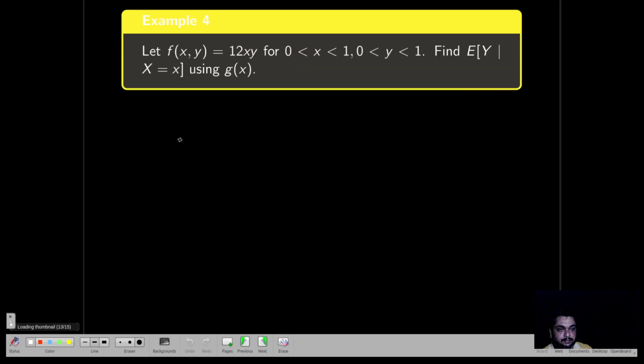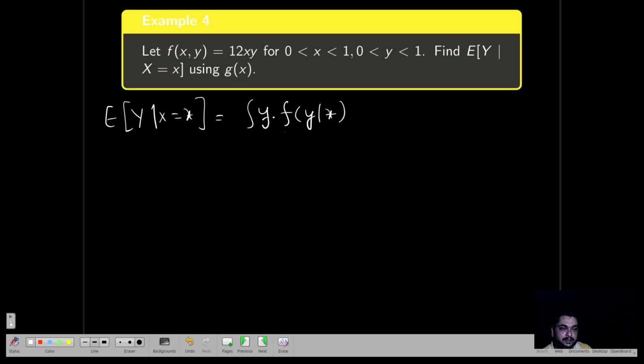Next, similarly, the other way, if they ask you to find E of y given x equal to x, this will be the integral of y into f of x comma y divided by what is fixed here. x is fixed, so the marginal of x. Now find out the marginal value of x, which will be integrated over y. What is the y interval? 0 to 1.